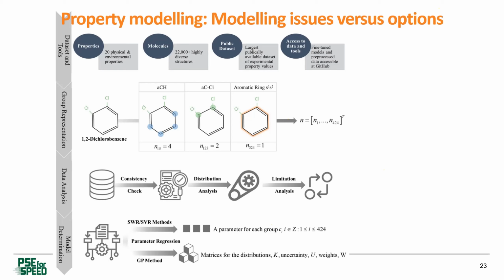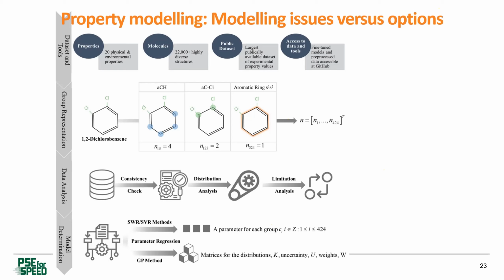So they are more than one atom, less than the total number of atoms in a molecule. So how many of those groups are needed to represent a molecule? You see some examples in the second row. So every molecule then needs to be represented by a vector of, let's say, 424 groups.